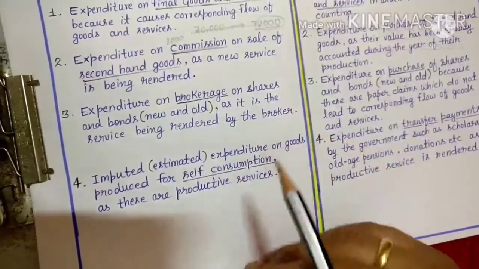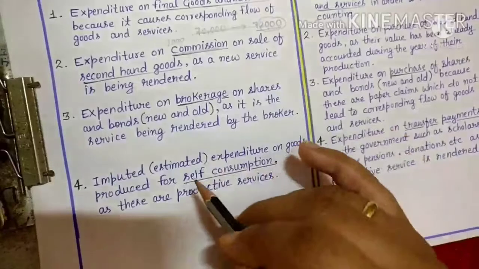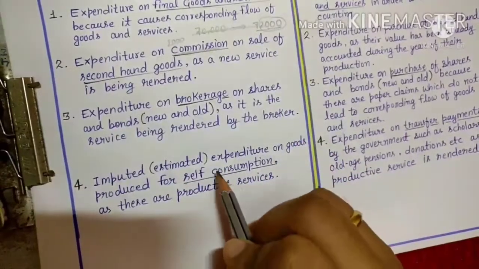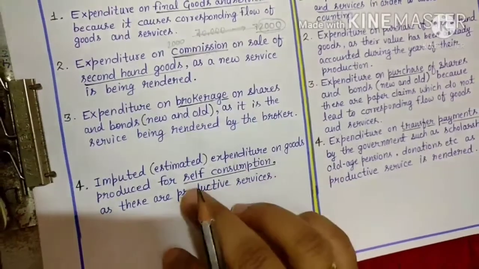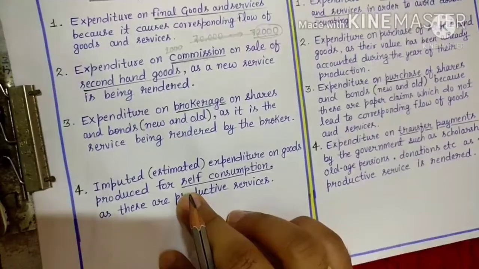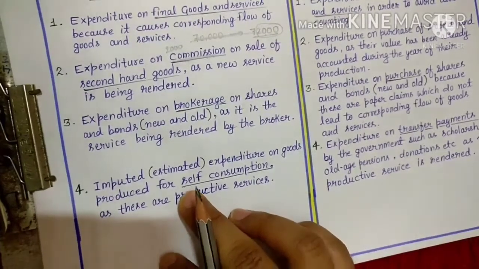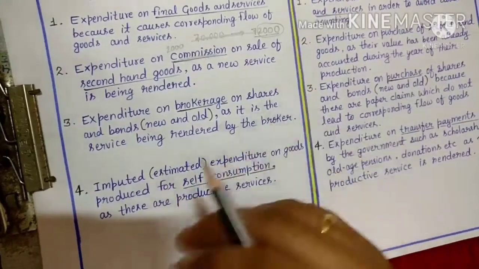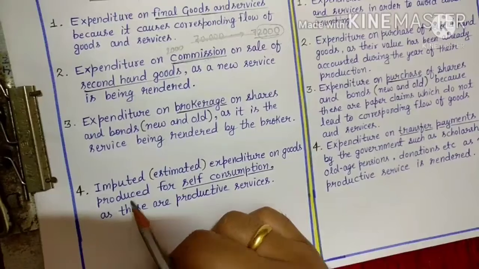Next is imputed, or estimated, expenditure on goods produced for self consumption. Now what is self consumption? Take the example of a farmer who is producing wheat. He sells some wheat, and some units he keeps for himself, because at last he also has to eat some food.